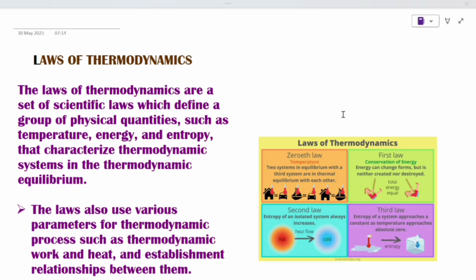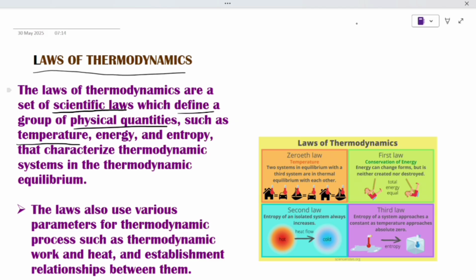There are three main laws of thermodynamics, the first law, second law and third law, and the zeroth law is a neutral one. The laws of thermodynamics are a set of scientific laws which define a group of physical quantities such as temperature, energy and entropy.